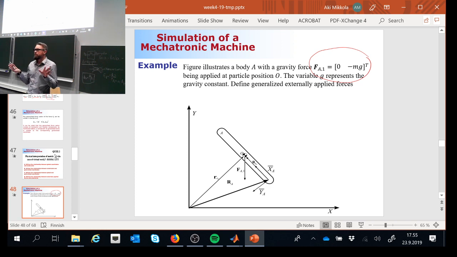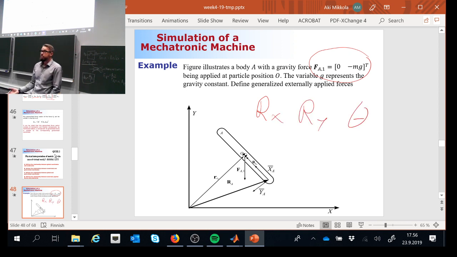That's why it consists of two components. Clear? Now, what I really wanted to do is express these forces using tenorized coordinates. Tenorized coordinates for this system, because it consists of one body, are Rx, Ry, and angle theta. Clear?